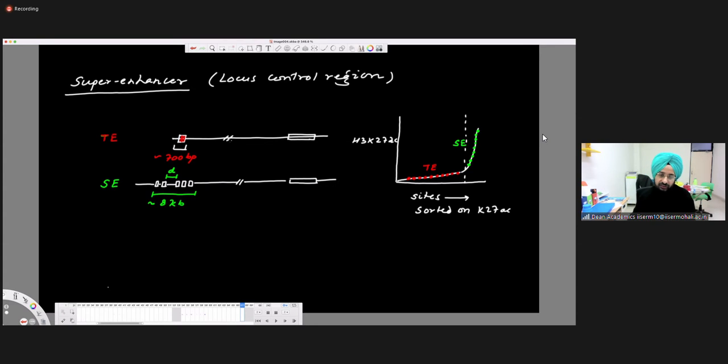That's true. You have a relatively lower level of upregulation of the target through this enhancer, while the super enhancer transcribes the target promoter at a very high level.